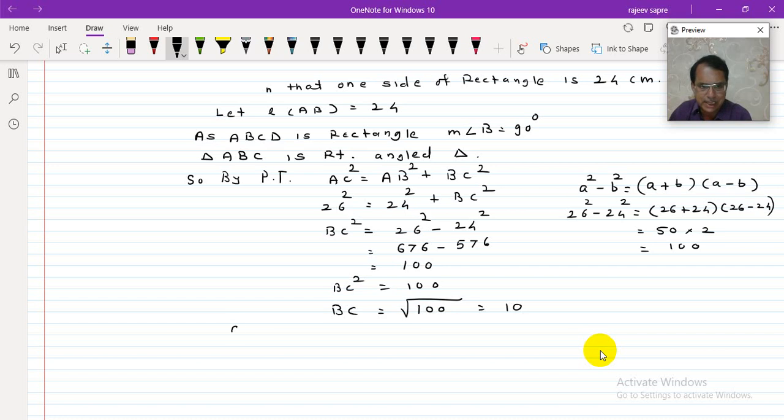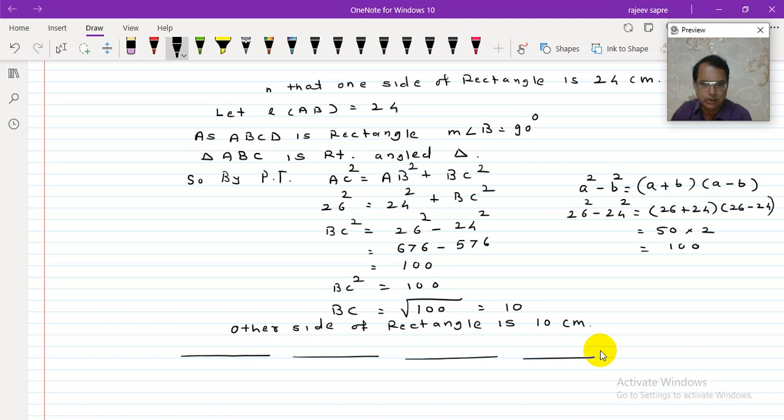So we can say other side of the rectangle is 10 centimeters. So luckily your figure is right, because we have taken longer side as 24 and smaller side comes out to be 10. But these are all schematic figures, so they are not drawn by measuring the sides. So it is all okay.